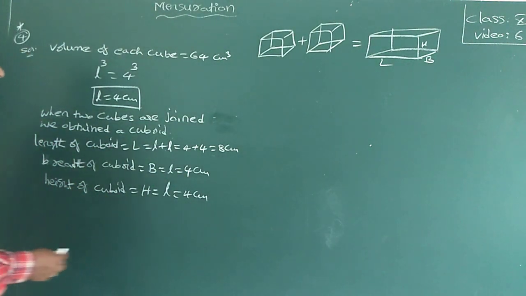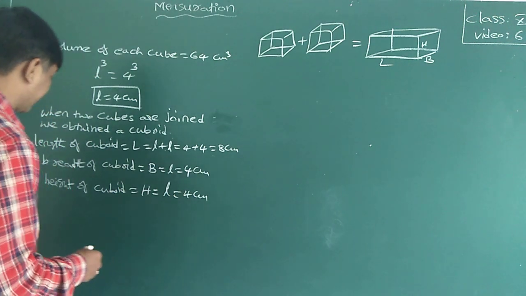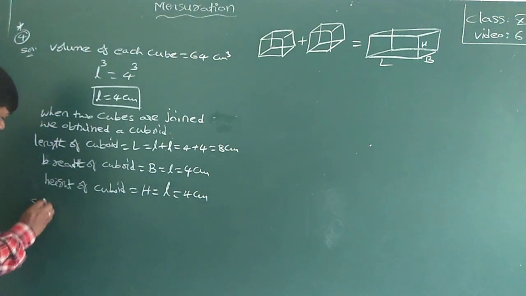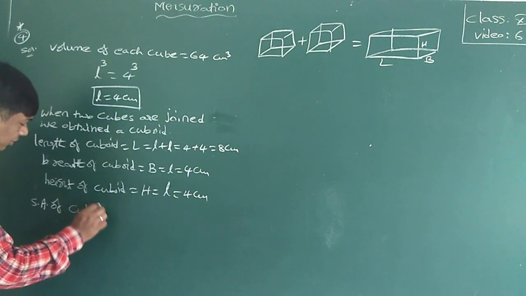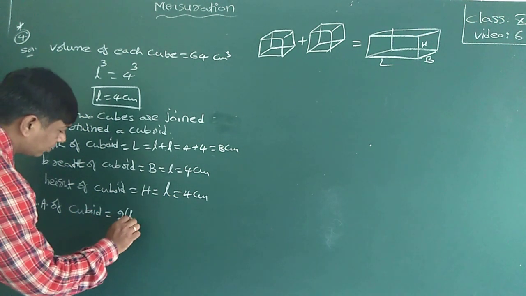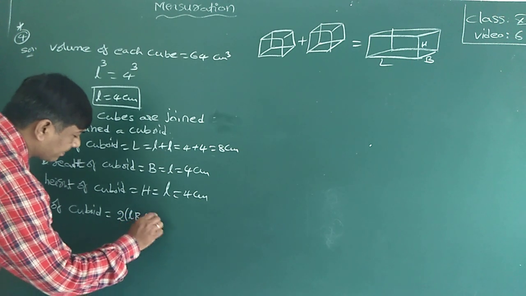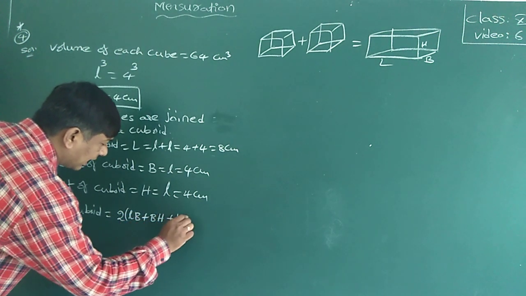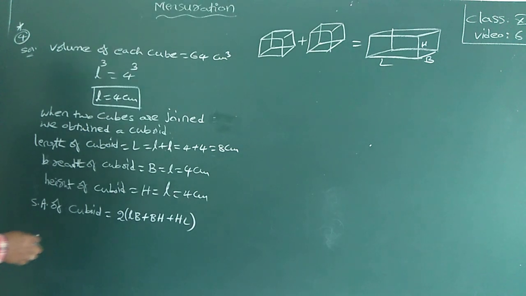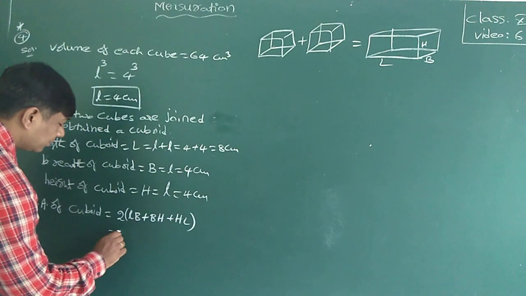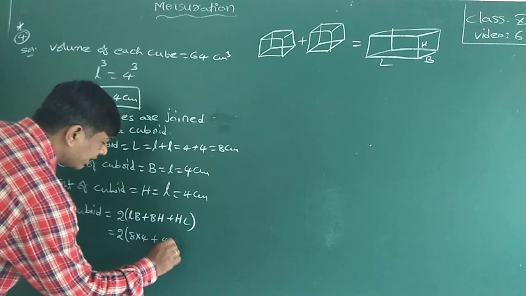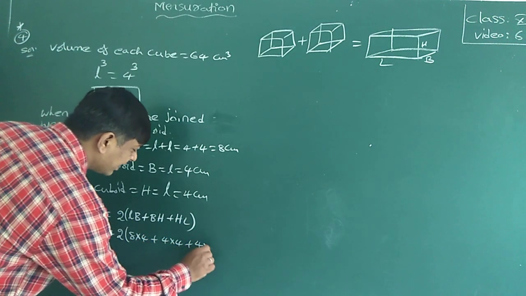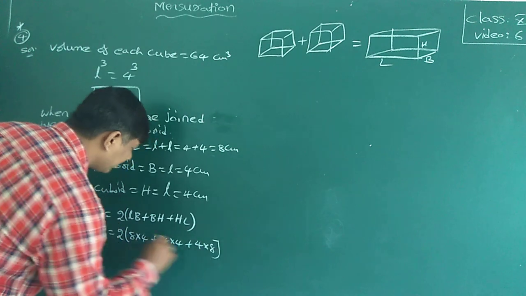Now surface area of the resultant cuboid is equal to 2 into (LB plus BH plus HL). That is equal to 2 into (8 into 4 plus 4 into 4 plus 4 into 8).